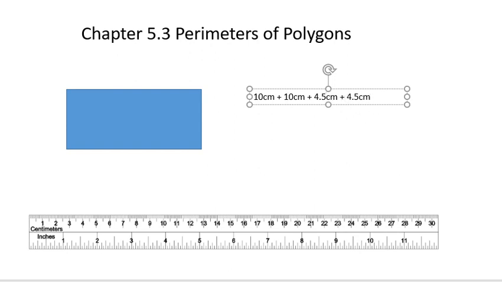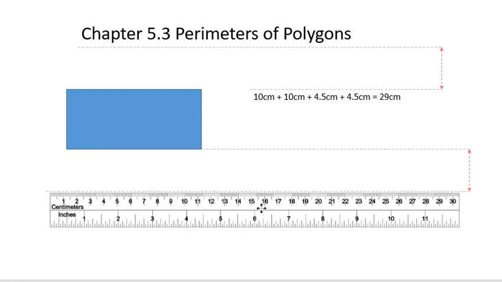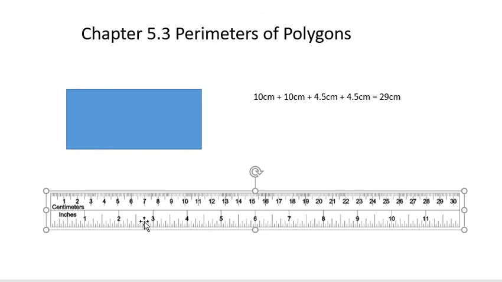So let's add it all together. 10 plus 10 is 20, plus 9 is 29 centimeters. And it's 29 centimeters because it's a linear measurement, which we can measure with a ruler, a straight edge like this.